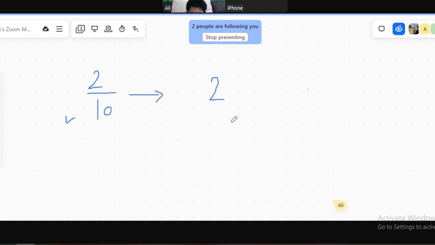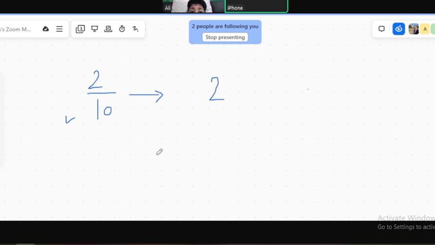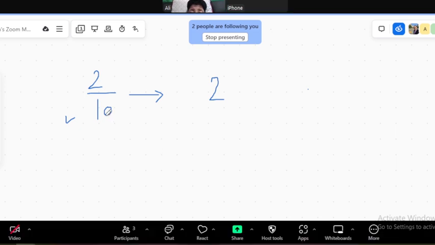How many zeros in the denominator? 1. So we will count from right, 1 step, and put the decimal point. Then put 0 as a whole number.